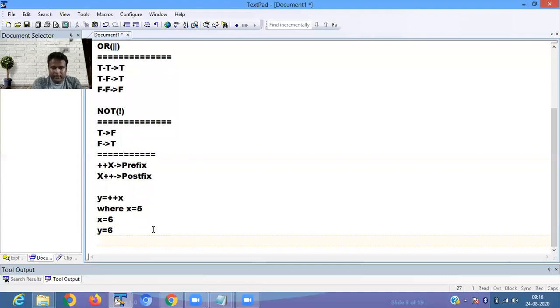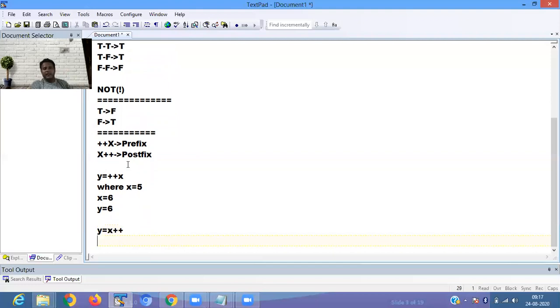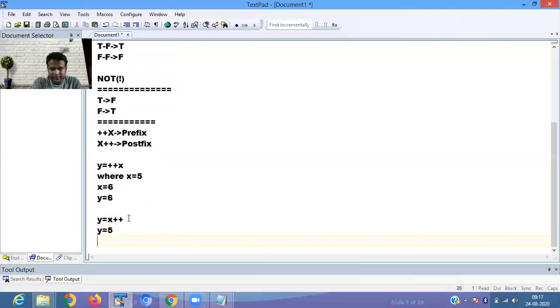And when you write y equals x plus plus, in the same situation, first it assigns, then it increments. First, y is equal to x, so x was previously 5 and y is 5 here. Then after executing the statement, x is 6. So it is first assign, then increment.